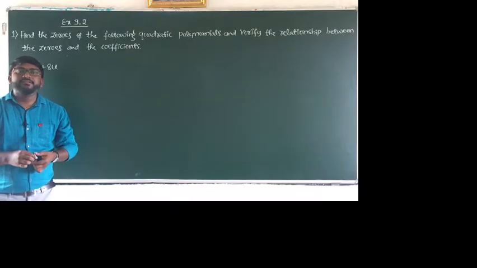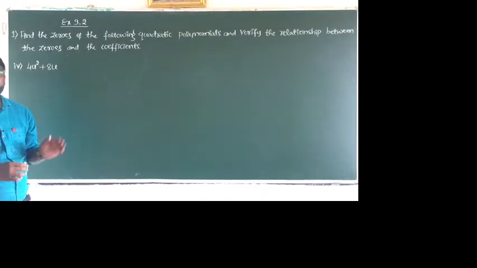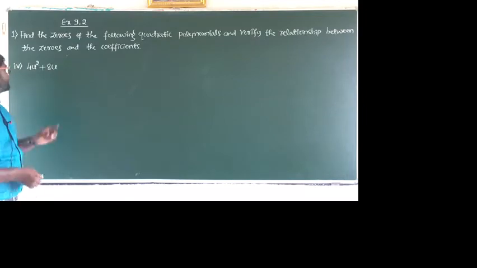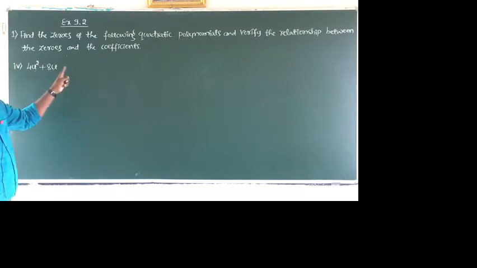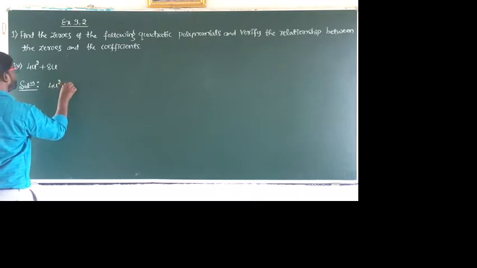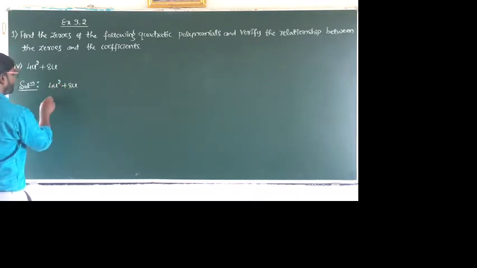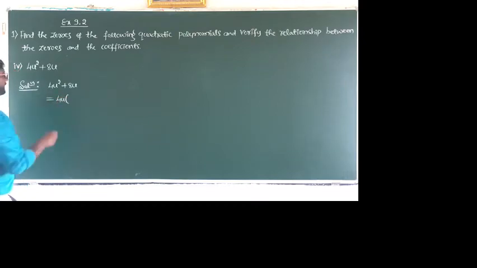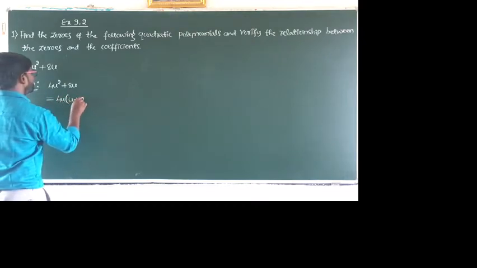Well, take the Roman number 3 as an assignment. So, I will solve the Roman number 4. So, it is 4u square plus 8u. Let us solve this. 4u square plus 8u, which is equal to, so take 4u common here, you get u plus 2.